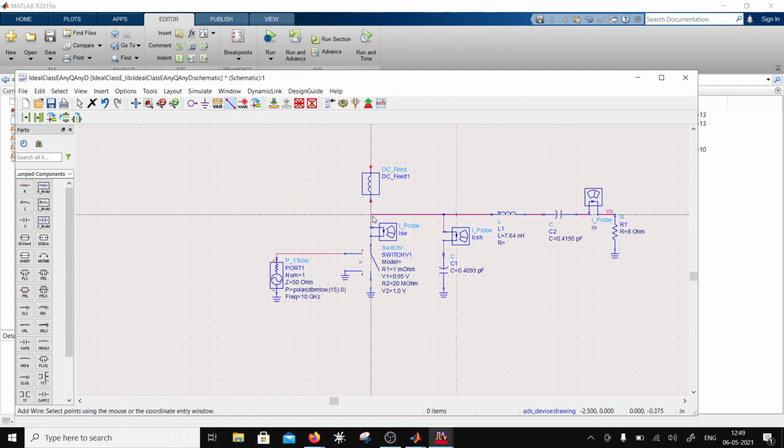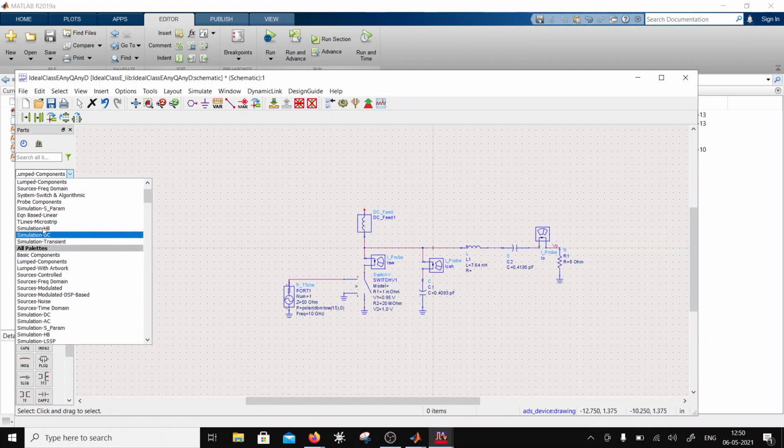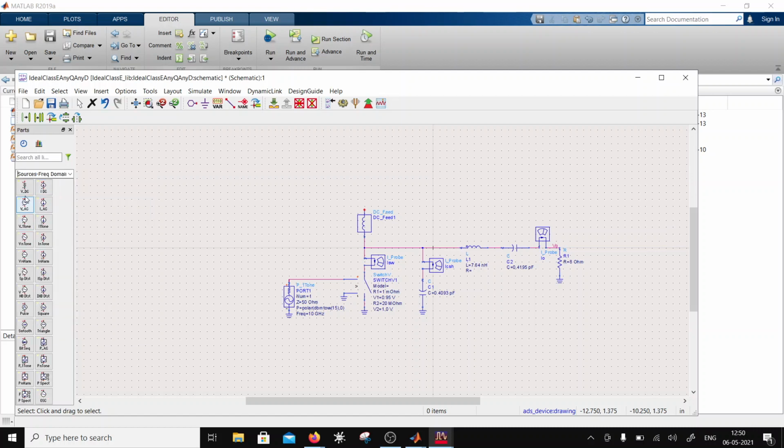In a practical circuit you will implement this using bias decoupling, using tank circuits, right, which you do at the fundamental, second harmonic, third harmonic, and so on. So I will design the decoupling for 10 and 20 gigahertz to operate this in class E mode. Okay, then there is a supply voltage, sources frequency domain, of 3.5 volts.